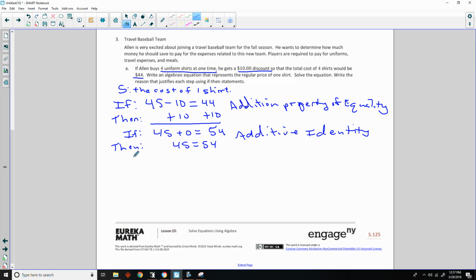Okay. Then I'm going to say if 4s divided by 4 equals 54 divided by 4, then 1s equals 13.5.